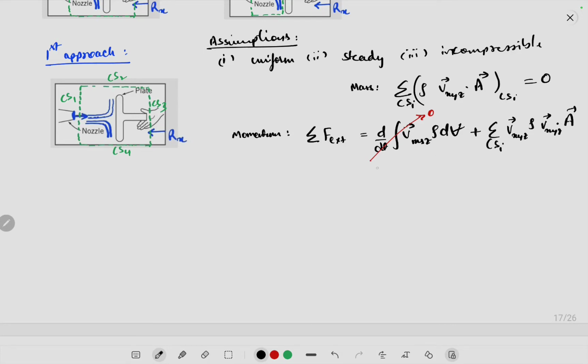So we have these two equations, and using these two equations we have to find Rx, okay.